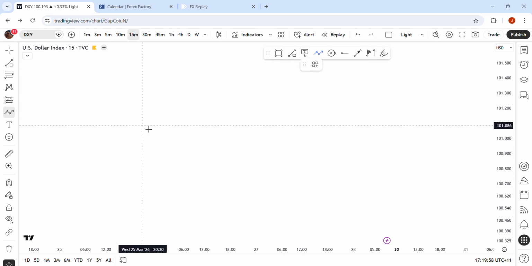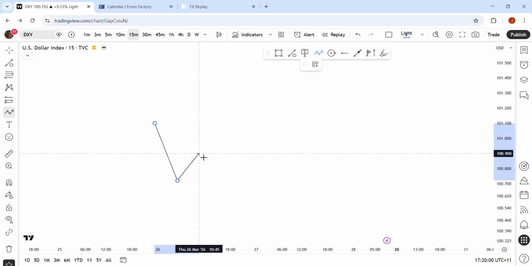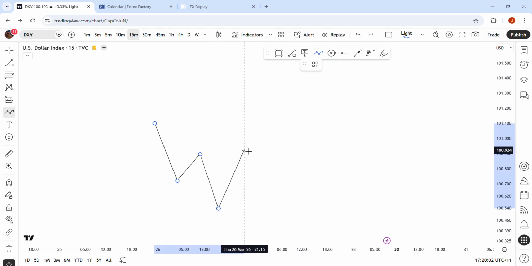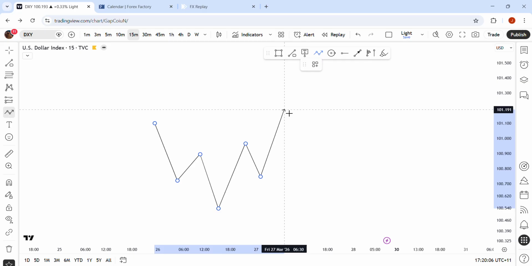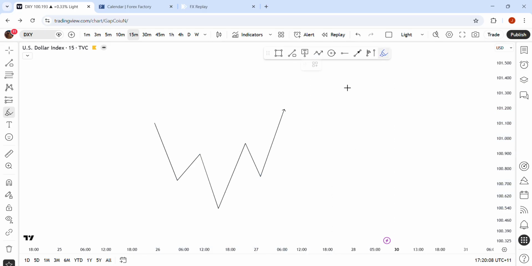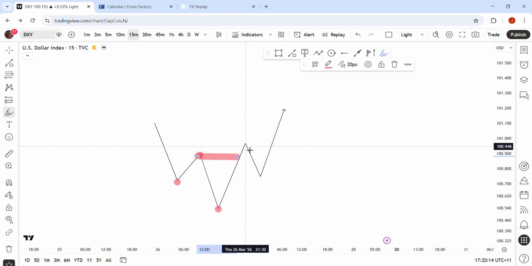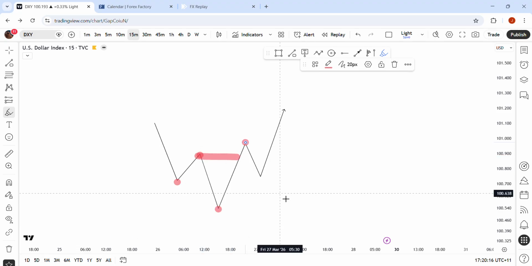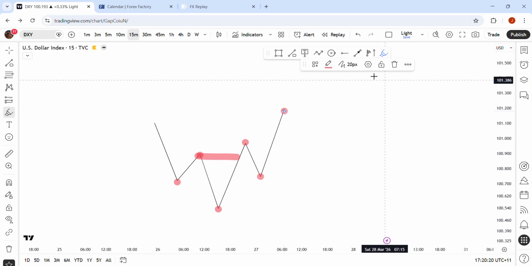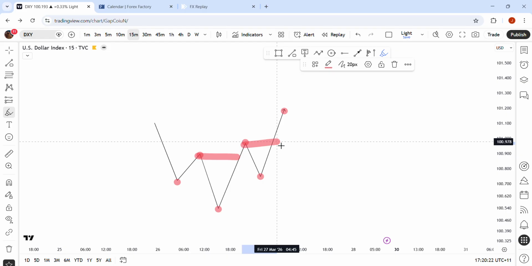Same thing for a bullish case example. We're looking at price making a low, lower high, lower low, change of character, market structure shift, creating a higher high, a pullback, and then a higher high, creating a breaker structure.